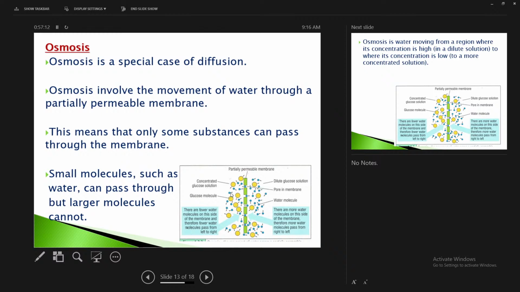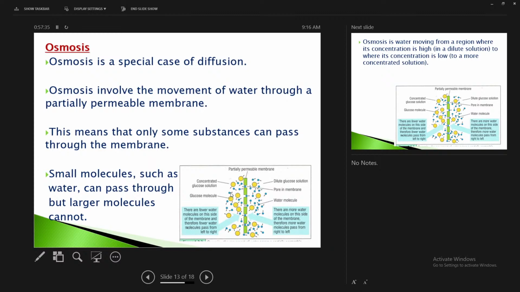That is simply because it is getting too much water. So that is why the cell membrane is partially permeable, meaning that it selects the amount or the type of substance it wants to leave or enter the cell.